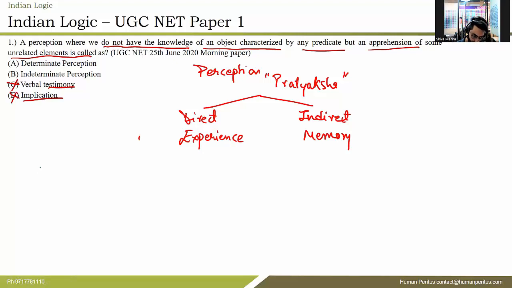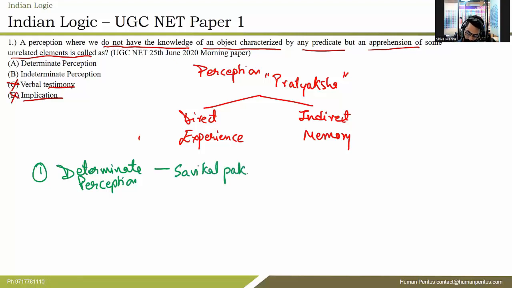Those two major types, the first one is determinate perception, which is known as savikalpaka. What does savikalpaka mean? Savikalpaka is that perception which is rational in nature.